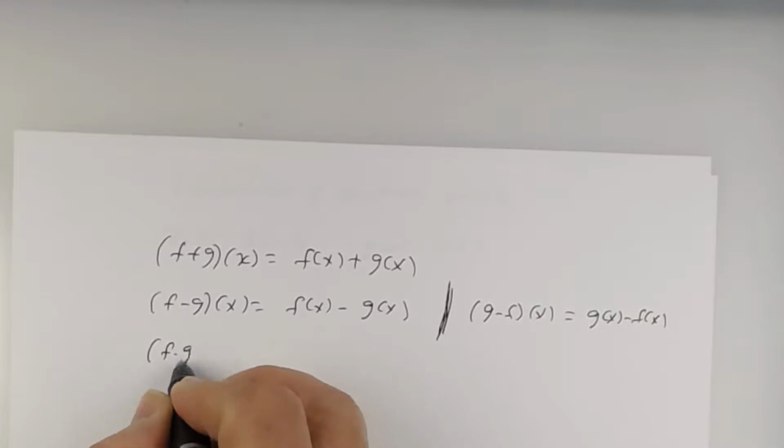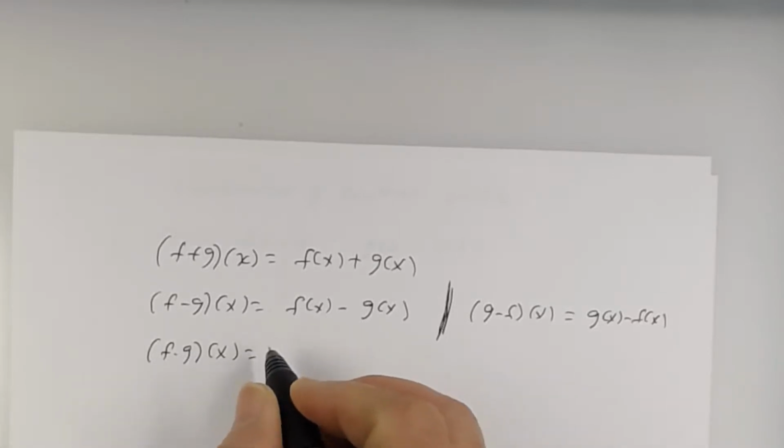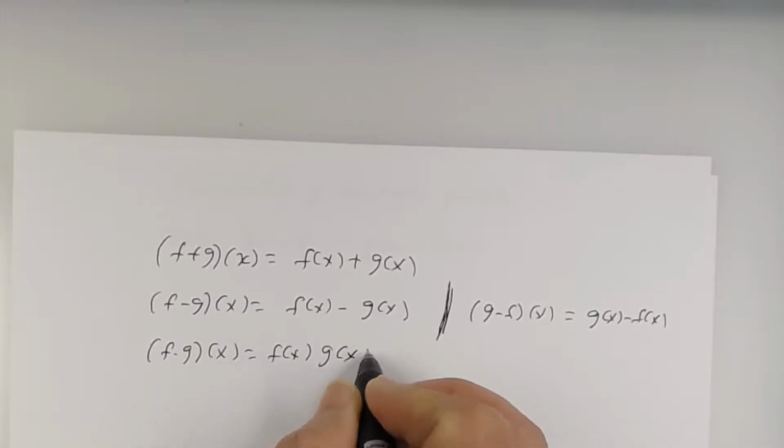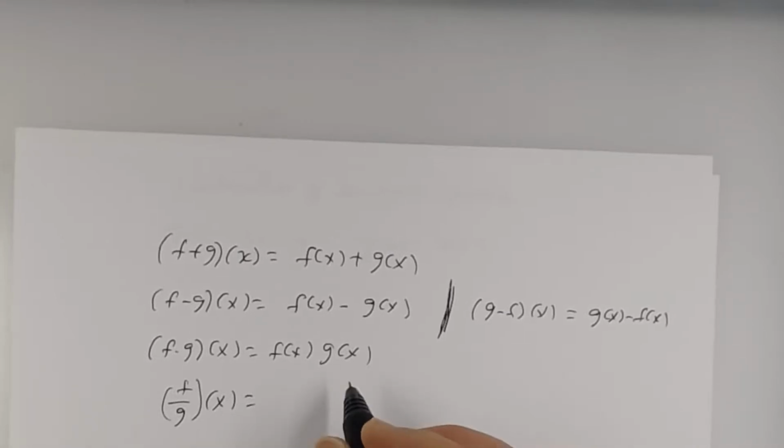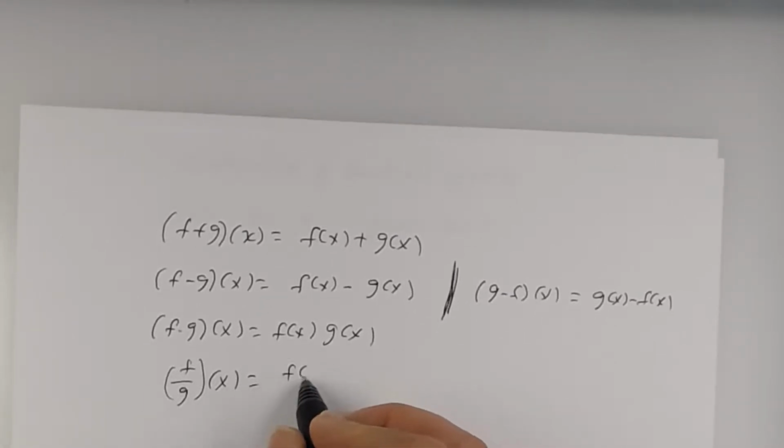You have to know that f times g evaluated at x equals what? Good. F of x times g of x. And multiplication is commutative. The order in which you multiply does not matter. And then division, f divided by g at x is equal to what? F of x divided by g of x.